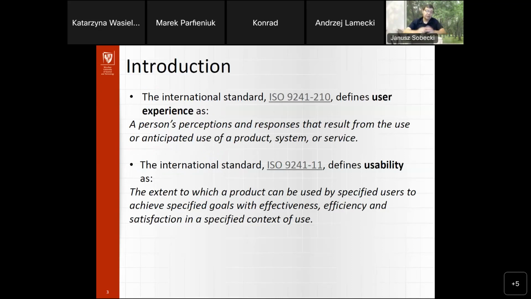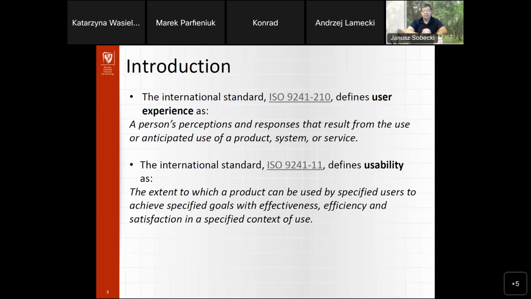Okay, so in the beginning, nowadays we usually are speaking about user experience, which according to the ISO norm 9241-210 is a person's perceptions and responses that result from the anticipated use of a product, system, or service.